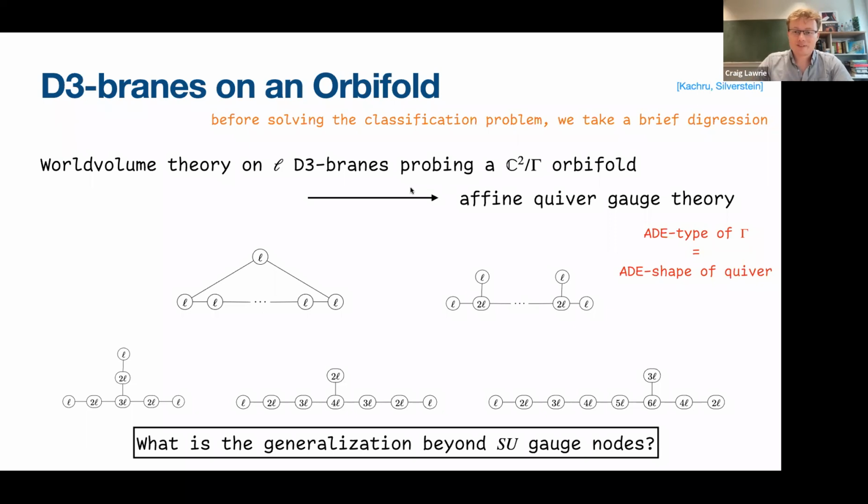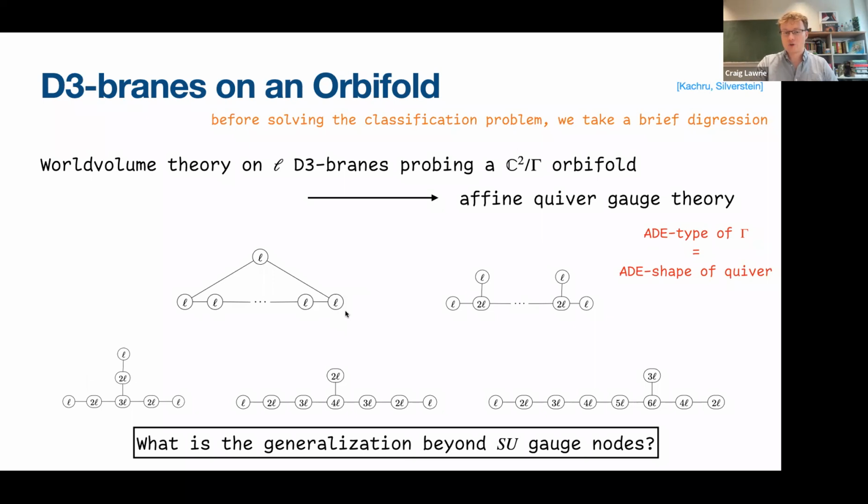So if Gamma is Z_k, then you have a quiver with k nodes, all of which are just SU(N) gauge groups, and bifundamentals between them in a ring.